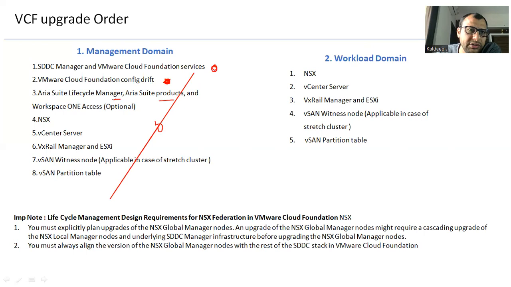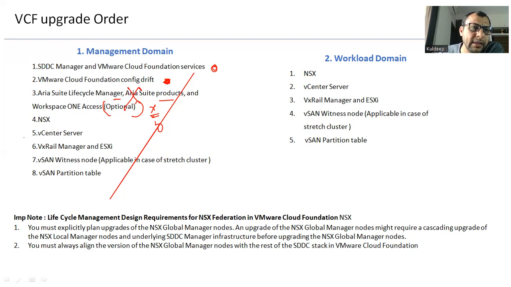The important thing is that this is optional. Why have we written optional? If you have deployed Aria Suite Lifecycle Manager in your environment, then only you have to upgrade. Else you can skip. Skip doesn't mean you are skipping something here. It means if you don't have this, then you don't require upgrading Aria Suite Lifecycle Manager and the rest of the components that belong to it.